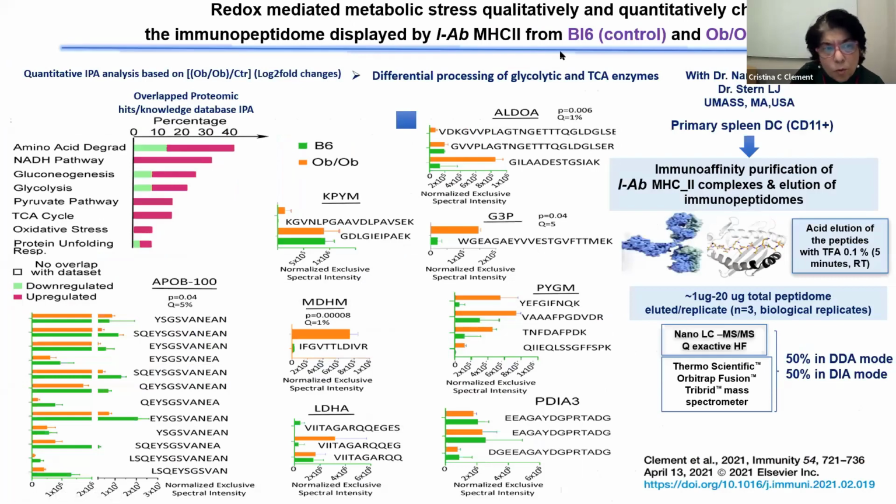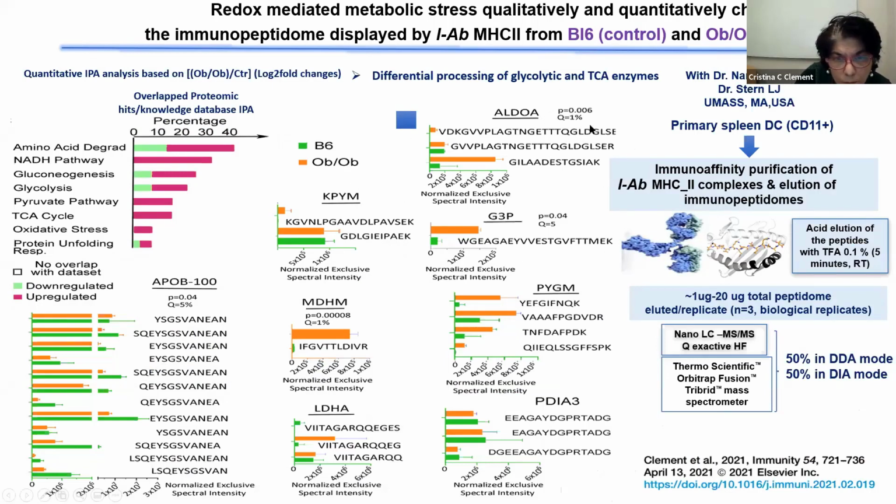So at the level of the immunopeptidome, I'm not going to present here the detail. You can go ahead and read the whole paper, but we quantified using mainly the DIA at the level of MS1, and we had actually a very good readout.